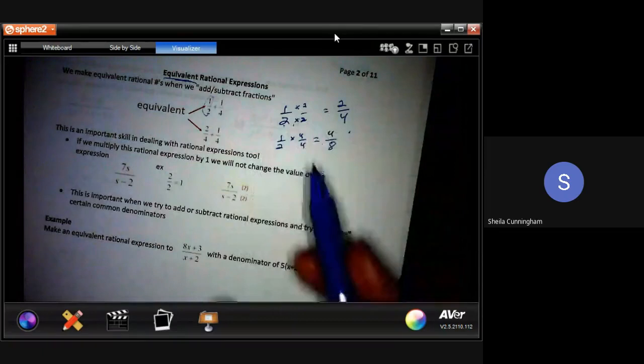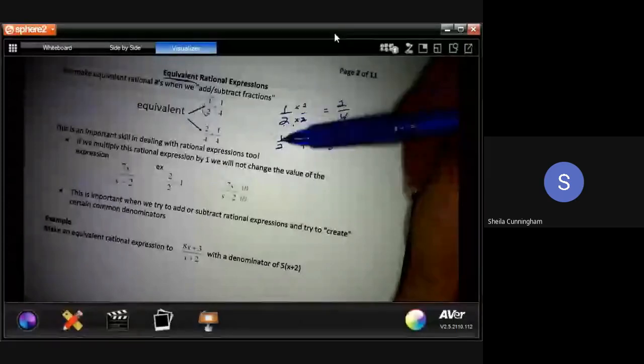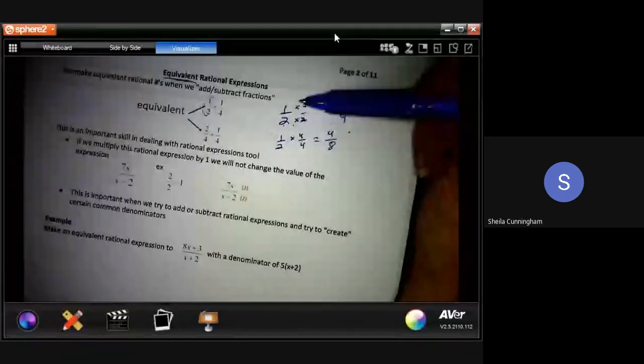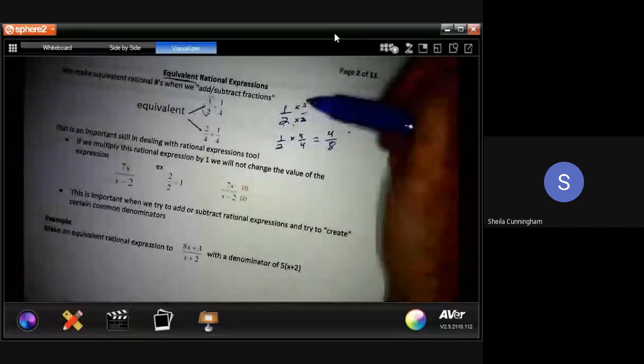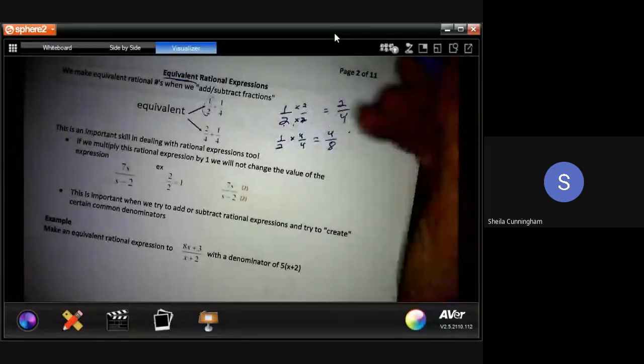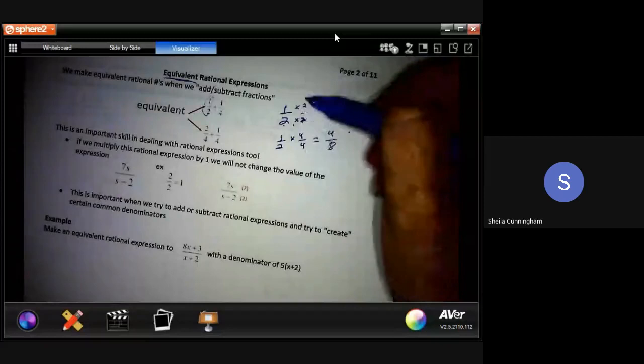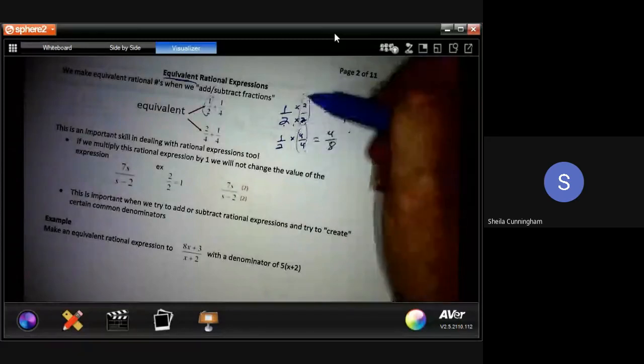Okay, equivalent fractions. So it doesn't matter if I take my fraction, whatever my fraction is, and times it by a 1, essentially, because 2 over 2 is just the equivalent of saying 1, or 4 over 4, whatever I use, whatever that fraction is, it's got to be the equivalent of a 1.